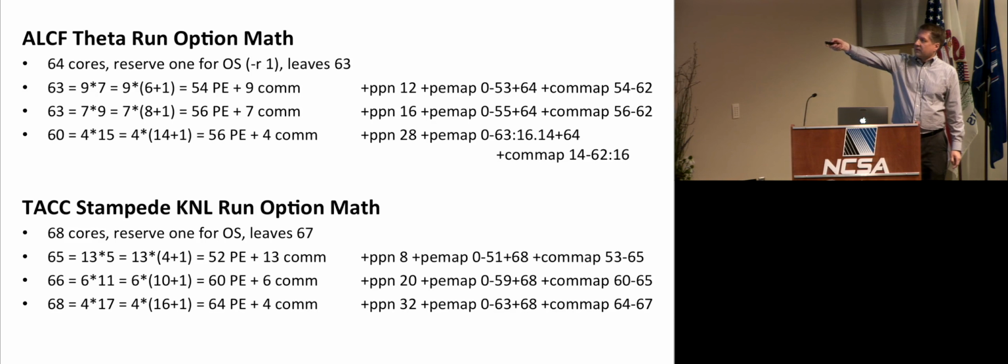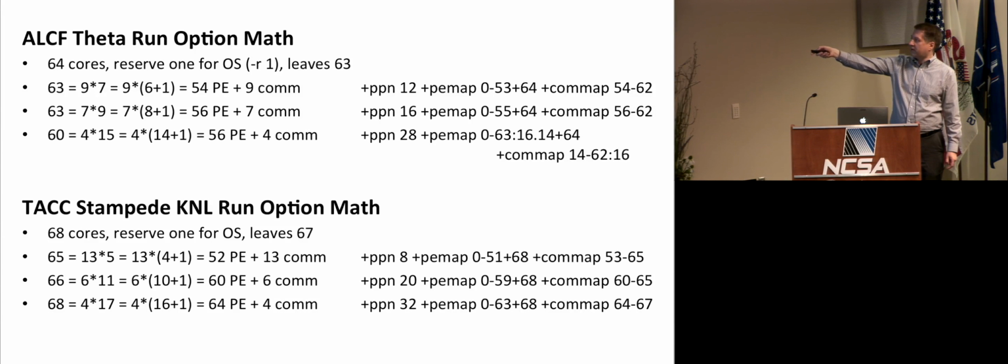So for Theta with 64 cores, in Rev 1 you get 63. We could go 9 processes, or we could go 7 processes. If you do 7 processes, you get a couple more worker threads for about the same amount of communication threads. Or for the same number of worker threads, you could have fewer communication threads. So this is dominant. And then we sort of spread it out.